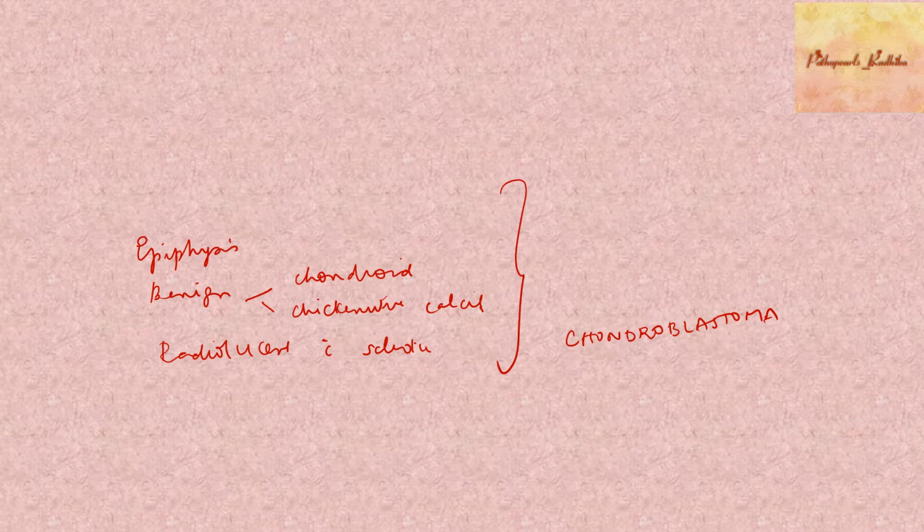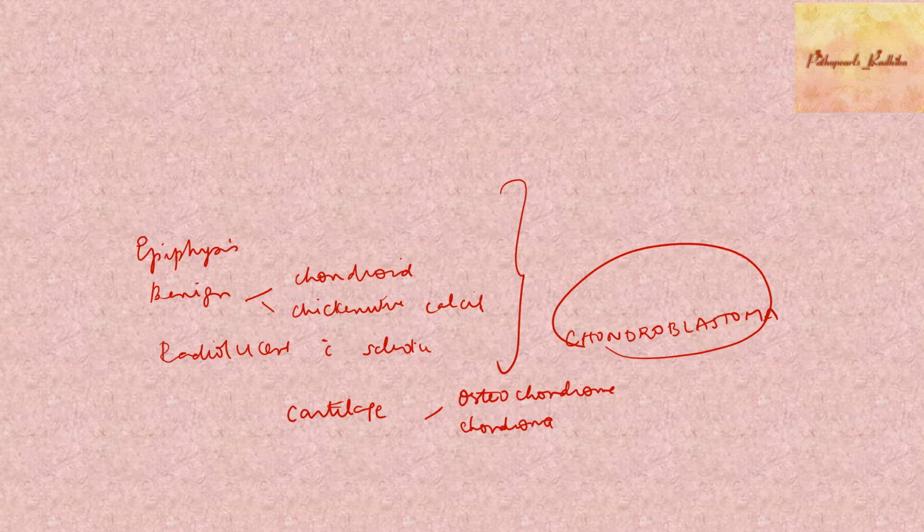Chondroblastoma is a benign, cartilage forming tumor. So can anyone tell some other cartilage forming tumor? What are the cartilage forming tumors? Osteochondroma. Then you have chondromas, and in chondromas you can have enchondromas also. Then you have chondroblastomas.